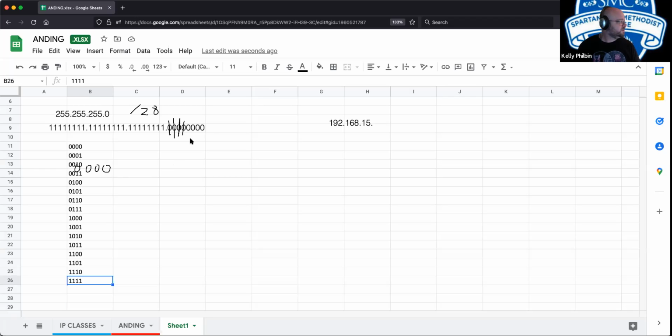Okay. So we have 16 networks. Here are our network ranges, or our network names. So 0, 0, 0, 0, all the way up to 1, 1, 1, 1.